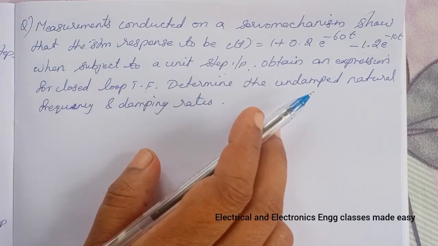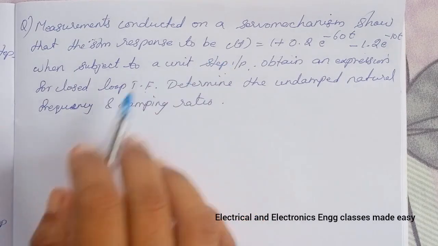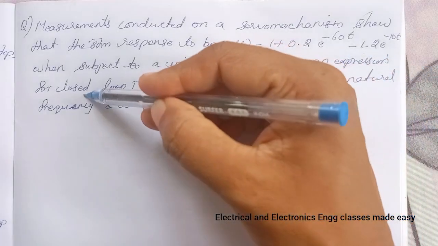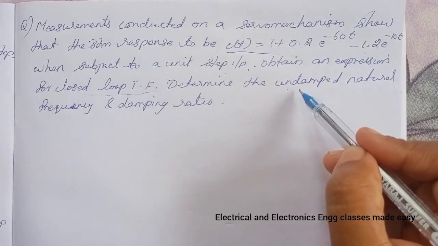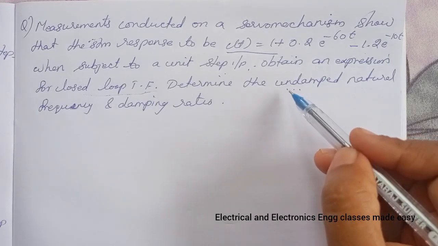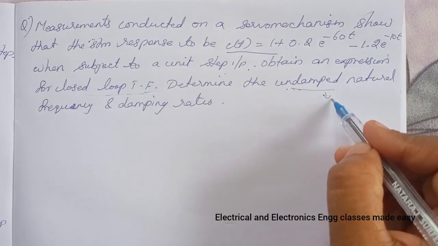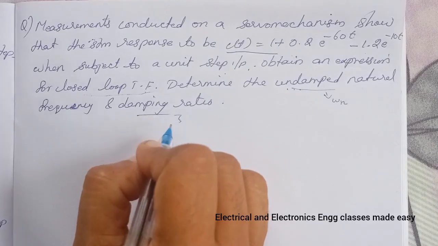Determine the undamped natural frequency and damping ratio. So here the response is given and we have to find the closed loop transfer function. Also we have to find the undamped natural frequency omega n and the damping ratio zeta.